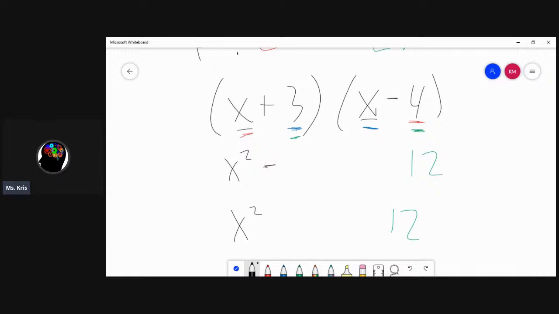Well, outer, that's a negative 4x. Inner, that is a positive 3x. Negative 4x plus 3x, that gives me, correction. This becomes negative because a negative to a positive makes it negative.